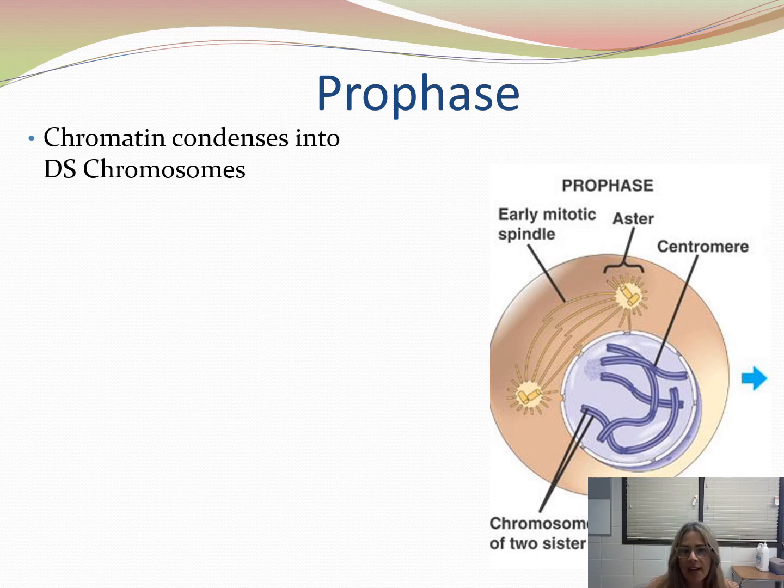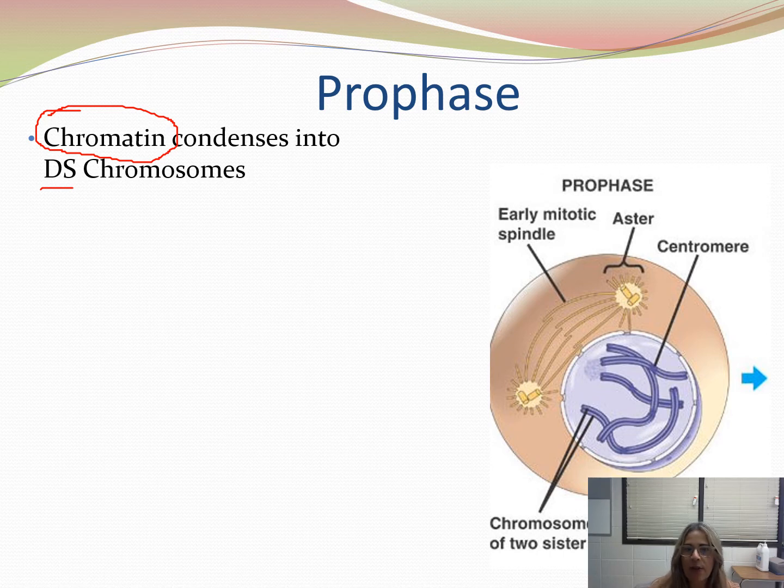And in prophase, this is where we're going to start to lose that thread-like chromatin DNA form that we had during interphase, and we are actually going to get supercoiling happening, and that chromatin is going to supercoil into chromosome form. Now, when we look at our little abbreviation here, DS stands for double-stranded.